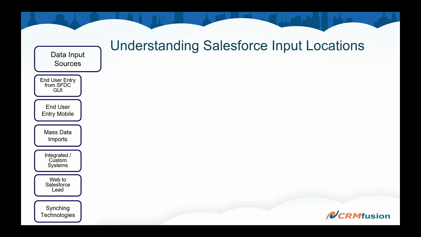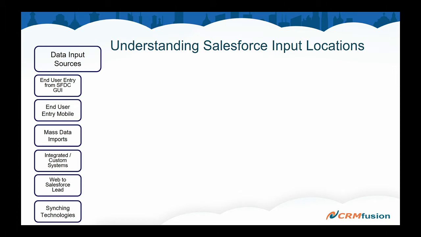If you really think about it, Salesforce has primarily 6 different ways to get data into the system. We have end user entry via the Salesforce graphical user interface, the browser version of Salesforce. We have our user community that's entering records all the time. We have end users entering from mobile clients.